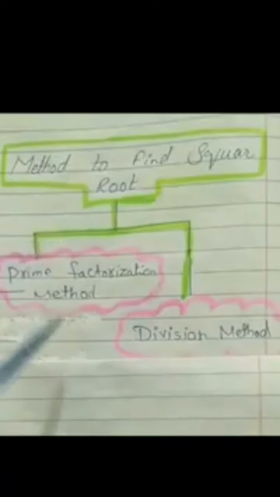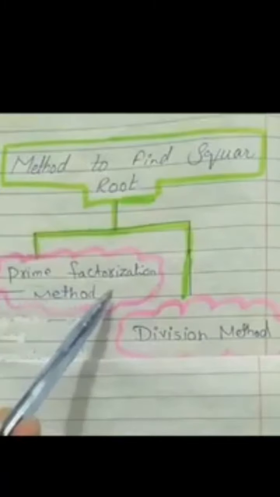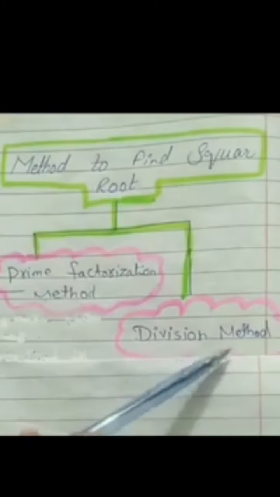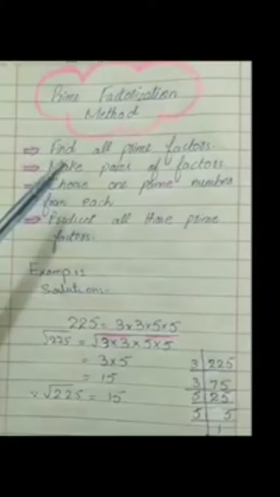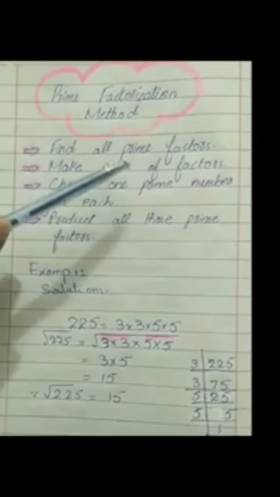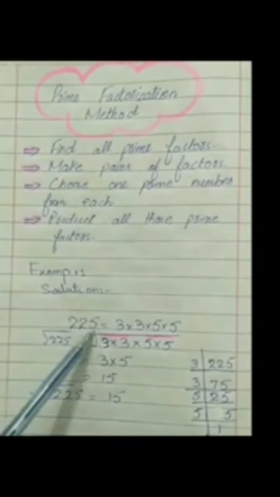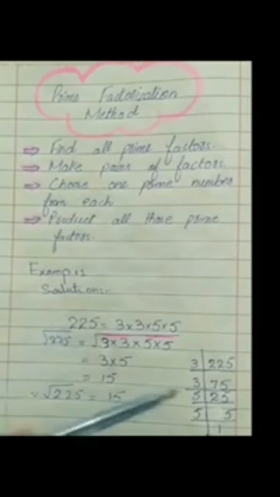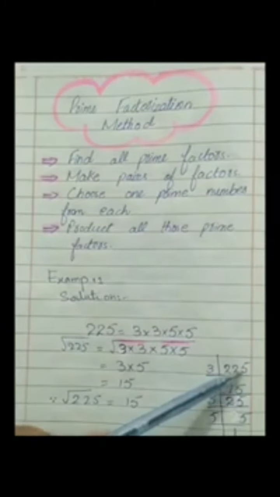Methods to find square root. There are two methods, prime factorization method and the division method. In prime factorization method, firstly find all prime factors. For example, we have the value 225. The digit sum of 225 is 9 and 9 is divisible by 3.